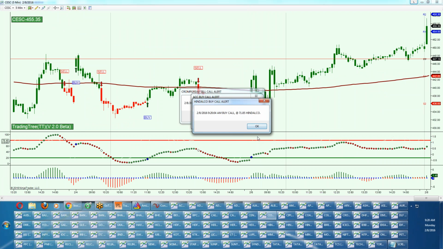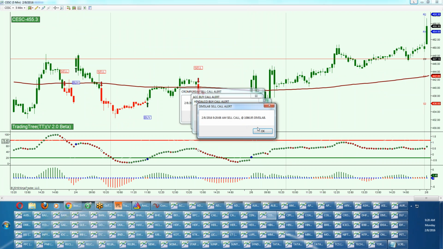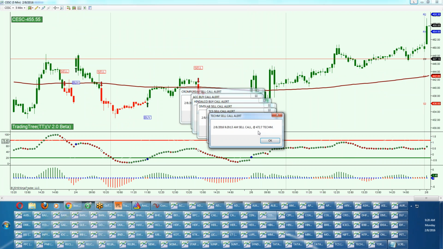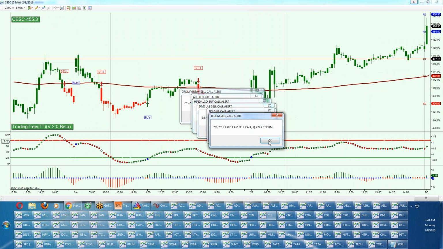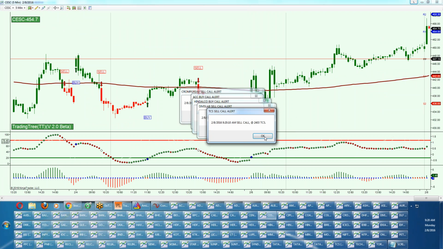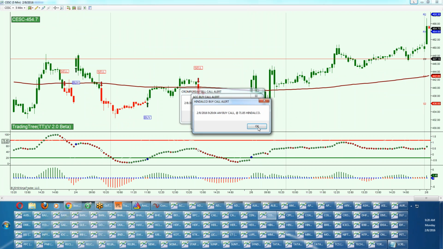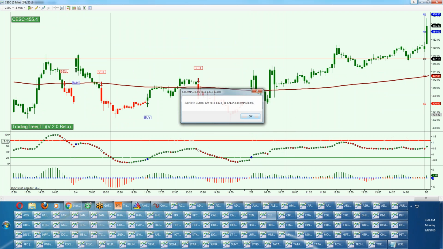Crompton, we have a sell. Hindalco, Torrent, Tech Mahindra, TCS, Divis, Hindalco, ACC, and Crompton Greaves.